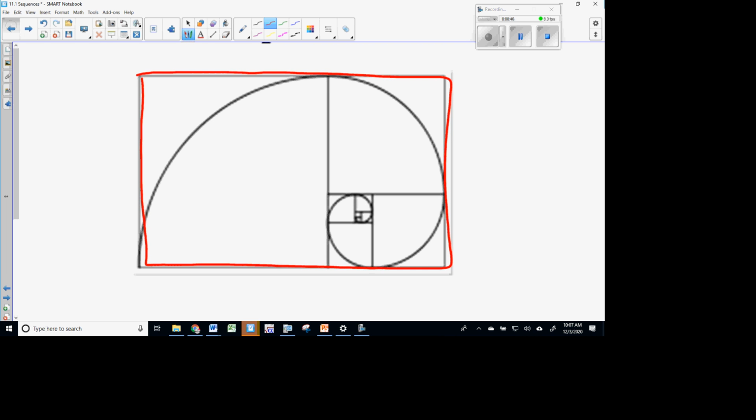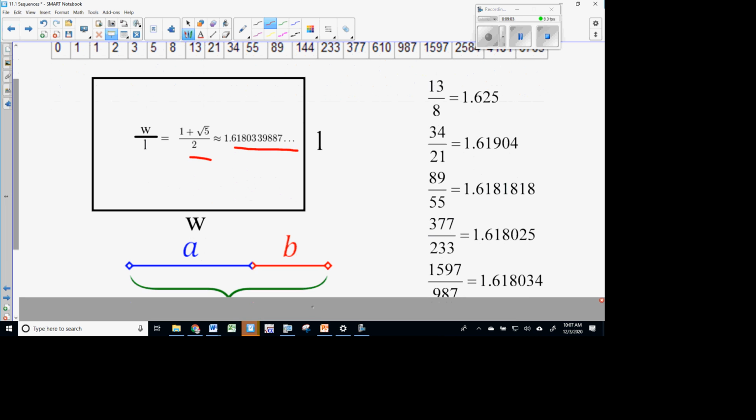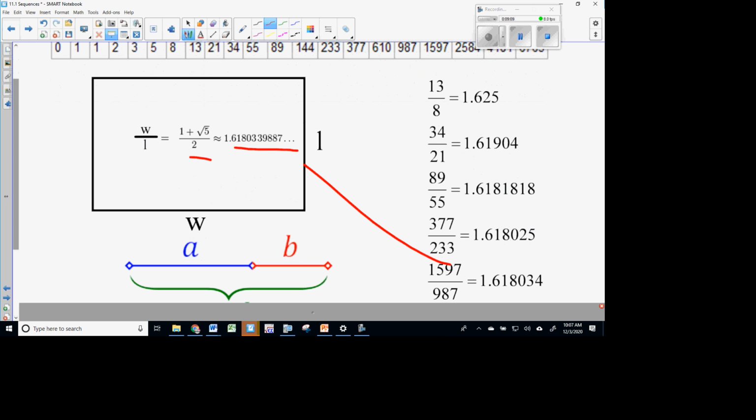The golden rectangle is a rectangle where, when you divide the width and length, you get the golden ratio. And as you take pairs of numbers in the Fibonacci sequence and divide them, the result gets closer and closer to that number. That's how it's connected.